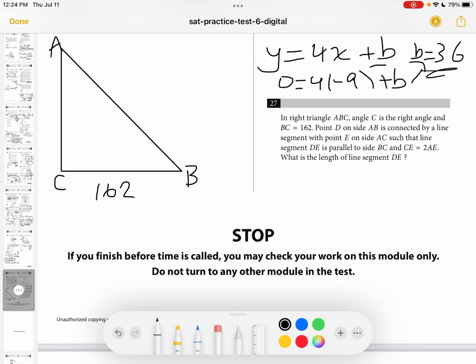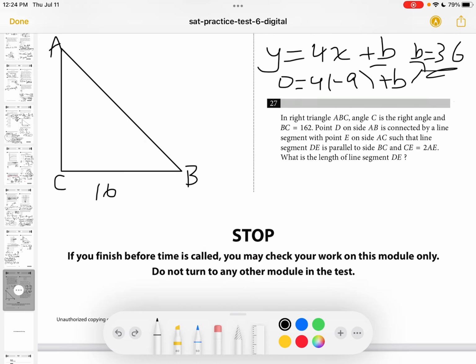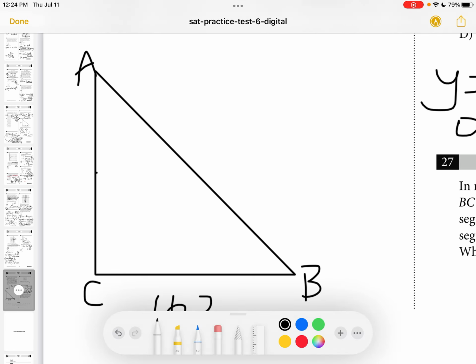Point D on side AB is connected by a line segment with point E on side AC. So I'm going to draw these such that line segment DE is parallel to side BC. Okay. So we have point E on side AC. Let me zoom in on this diagram.